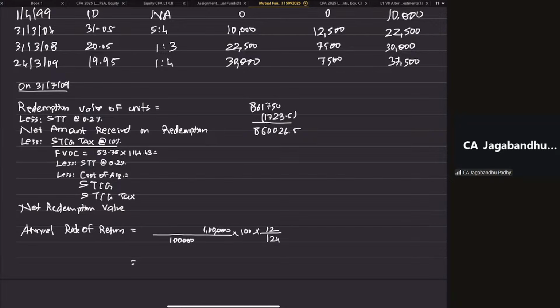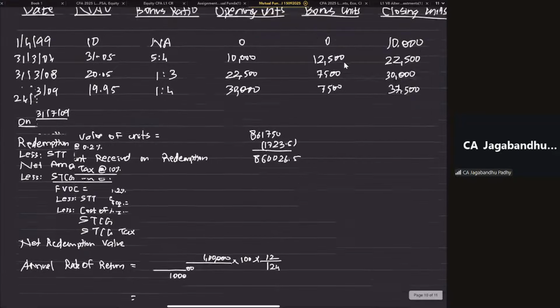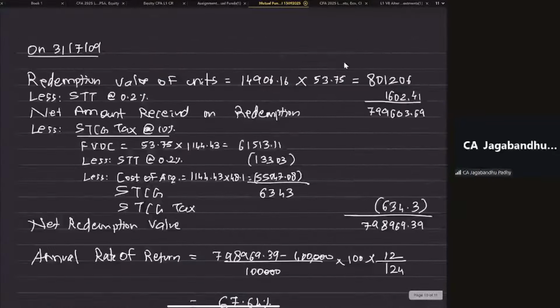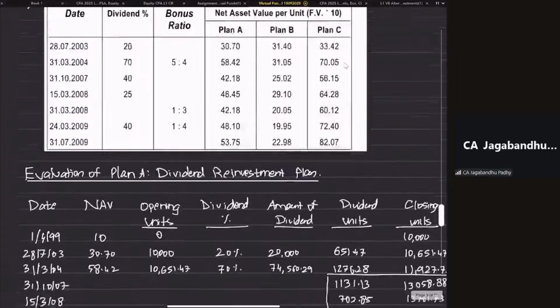Then what is the STCG tax? Total taxes. STCG tax. Anyways, full value of consideration I need to calculate. What's the redemption value of this as on this date? It is 22.98.